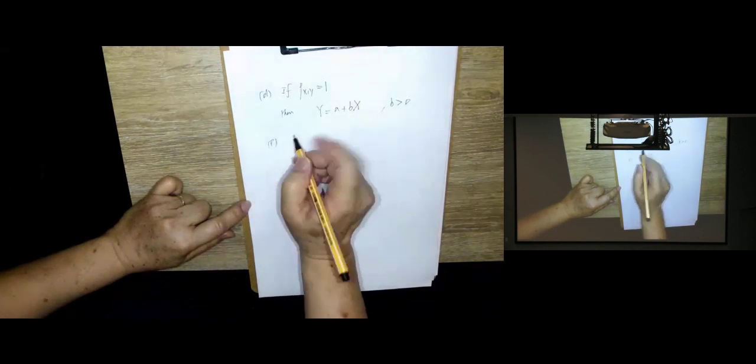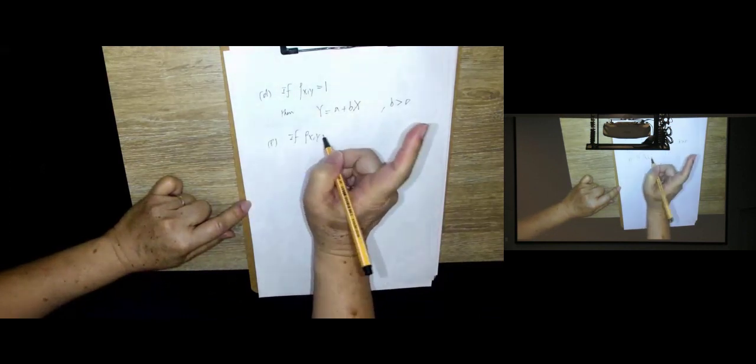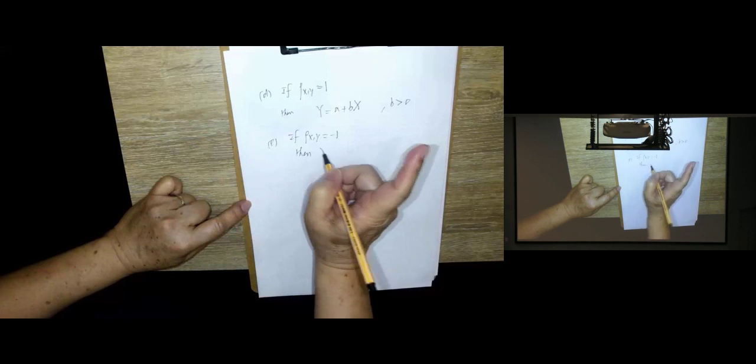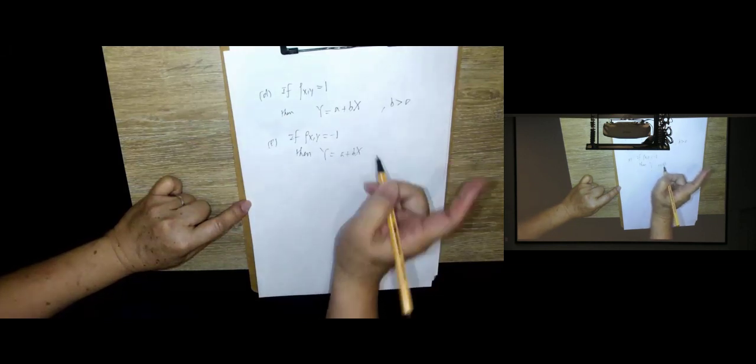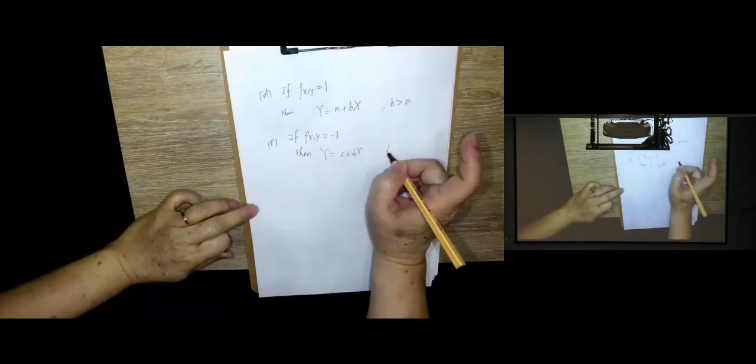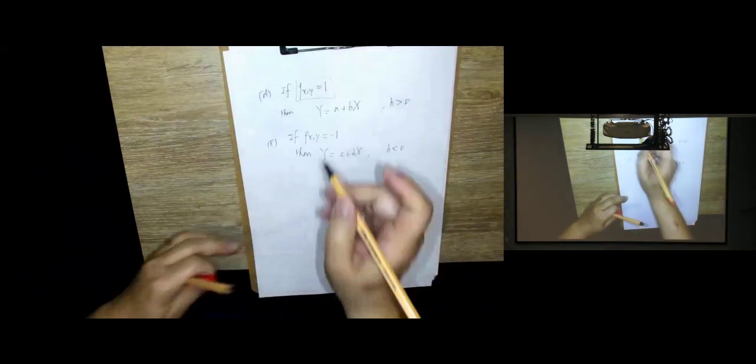And E, if rho XY equals -1, we also have the same linear relationship. But -1 means the values are basically in the second quadrant and the fourth quadrant, so the slope of the line has to be negative, all right? Now, of course, this is a mathematical statement. It has to be exactly equal. If it is, say, 0.99, you can think of it as almost like a straight line, but it won't be a straight line, all right?